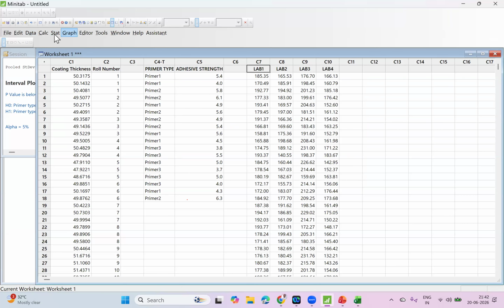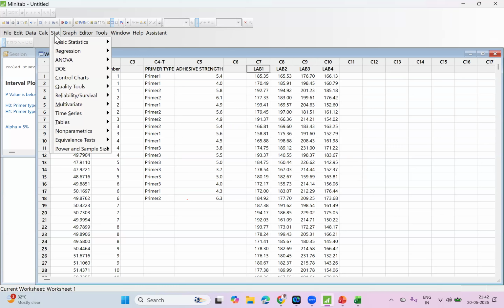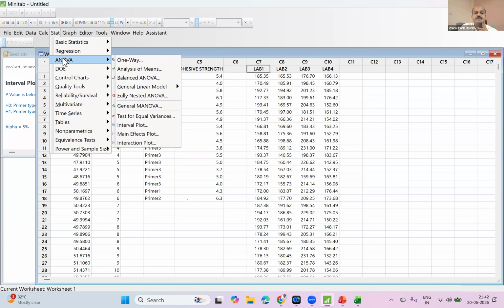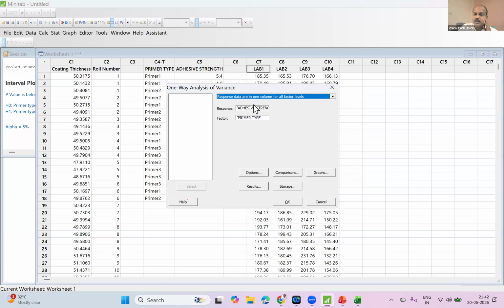Stat, then ANOVA, then one way. If you are dealing with only one factor, it is one-way ANOVA only. So click that. Now, is the response data in one column or separate columns? Separate columns. Four laboratories, 4 different columns, isn't it?